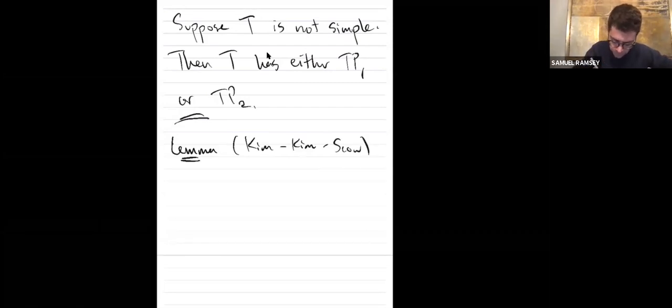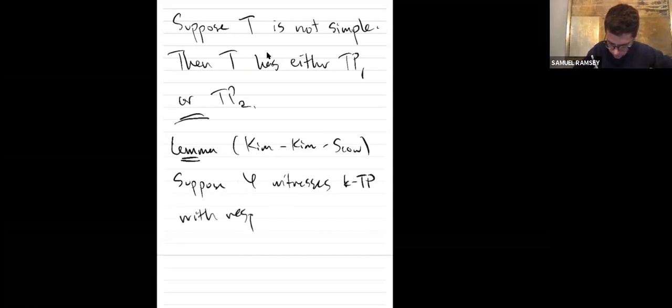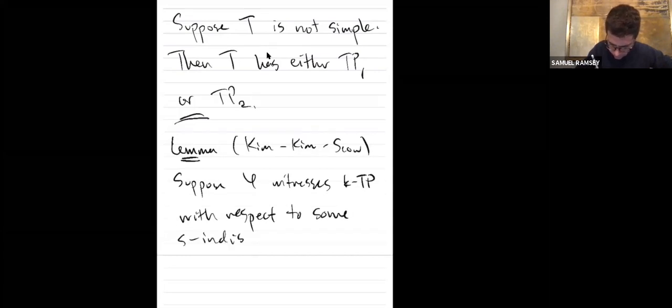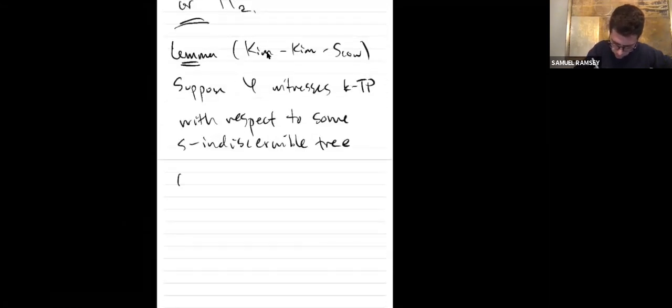So what this says is, suppose phi witnesses KTP with respect to some S-indiscernible tree (A_eta), eta in omega^{<omega}.